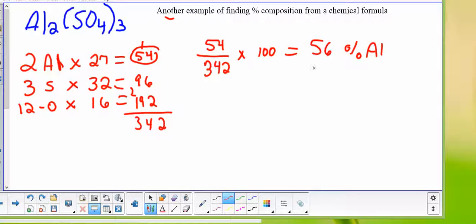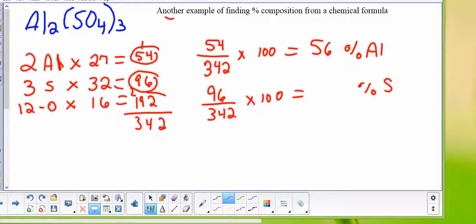Then I will take sulfur's part of the total, 96, divide that by 342, multiply by 100, and that will give me the percent sulfur. And then I will take oxygen's part, 192, divide that by the total, multiply by 100, and that will give me the percent oxygen. These percentages should total 100.